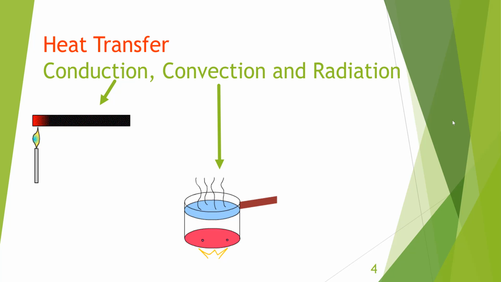Now, concerning the convection, if you heat your recipient filled with water, you will see after a certain time that all the water in this recipient becomes hot. In fact, what happens is that the fluid, the water or the milk, or I don't know, will be in contact with the lower level of the recipient, which is heated.